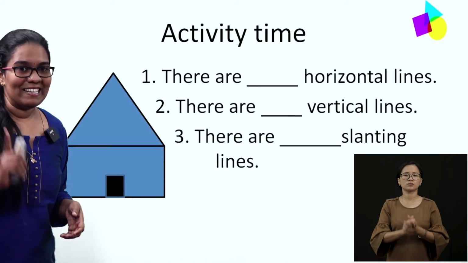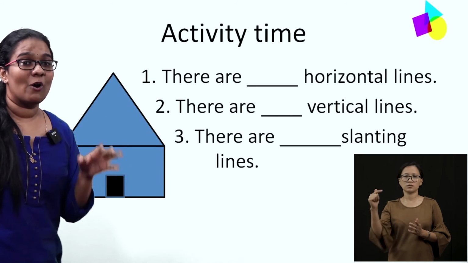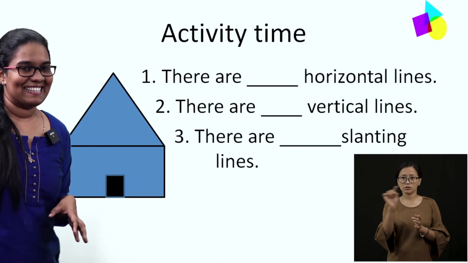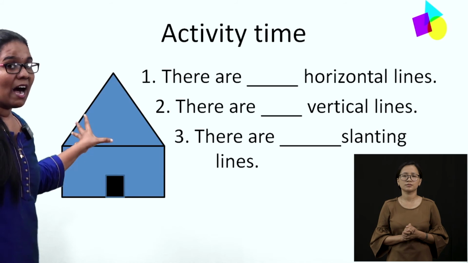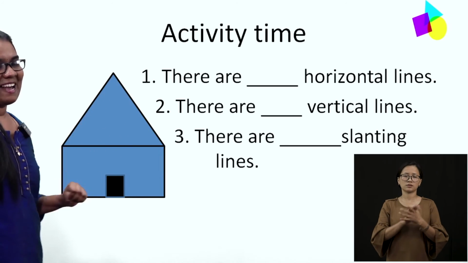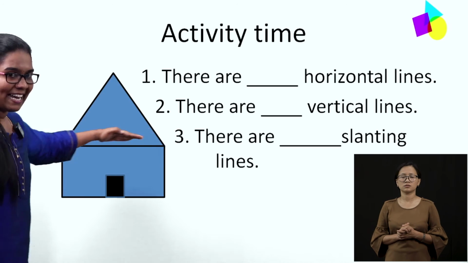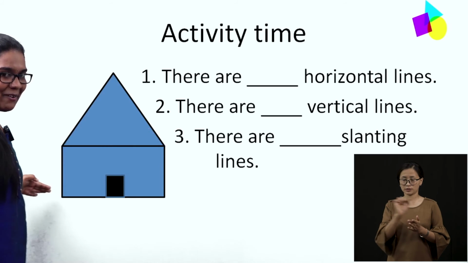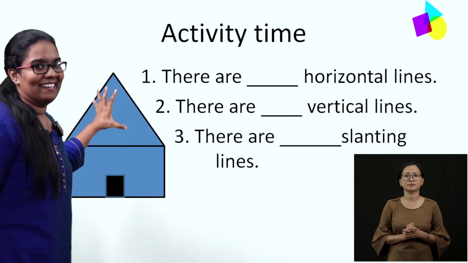The first question is, there are dash horizontal lines. How many horizontal lines are here? Horizontal lines means lines like this.